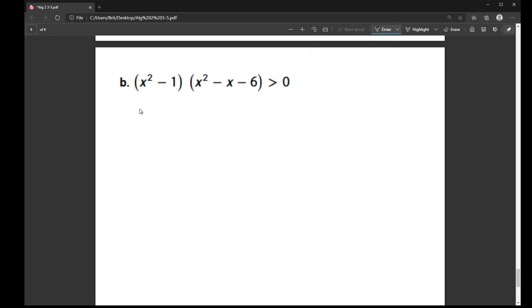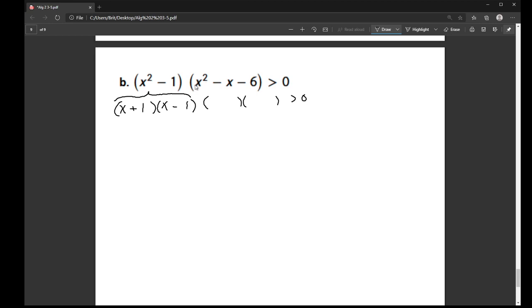So this one's a difference of squares, so it's going to split into a plus and a minus. And the square root of x squared is x, and the square root of 1 is 1. Now this one, I could factor using the double bubble method.